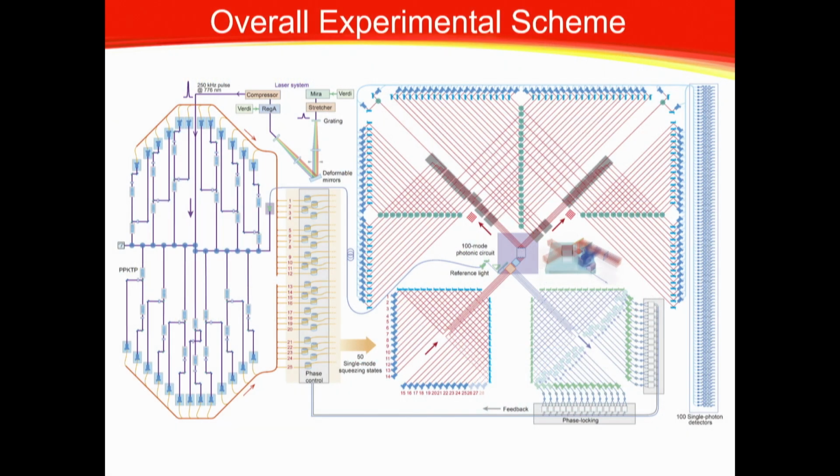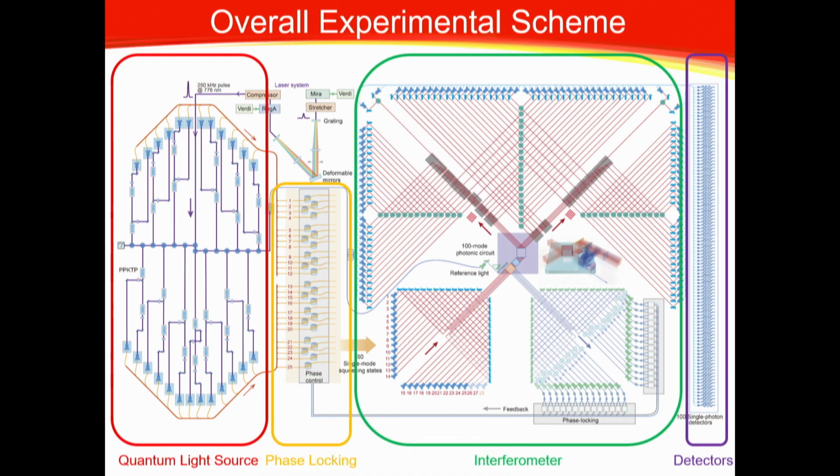And here is the overall scheme of our experiment. There are basically 4 modules. The first is the quantum light source, with which we create squeezed states. So we create 50 such squeezed states, and we input them into our experiment with active phase locking.